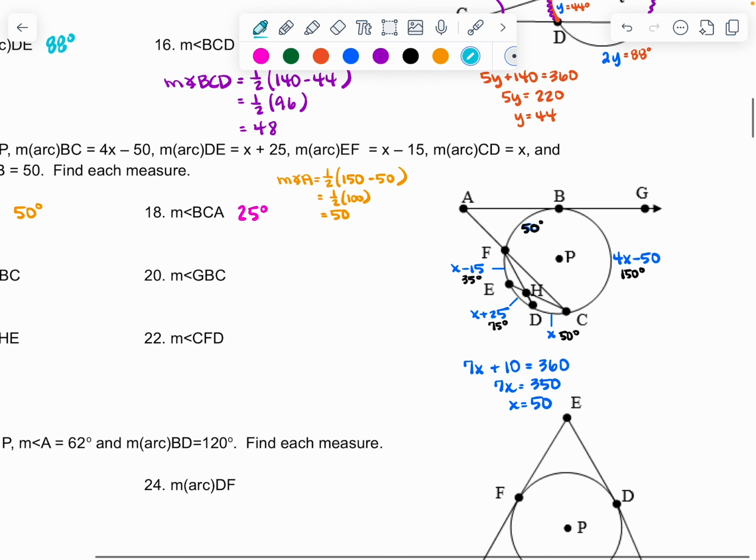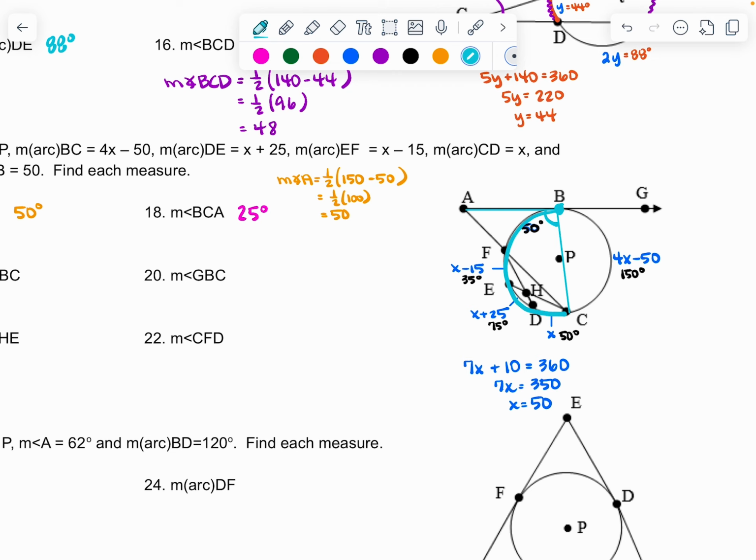All right, ABC. Again, I don't see ABC drawn, so I'm going to do it myself. A to B to C. So we're looking for this angle. That angle is also an angle on the circle, just like an inscribed angle, so it is also half of its intercepted arc.